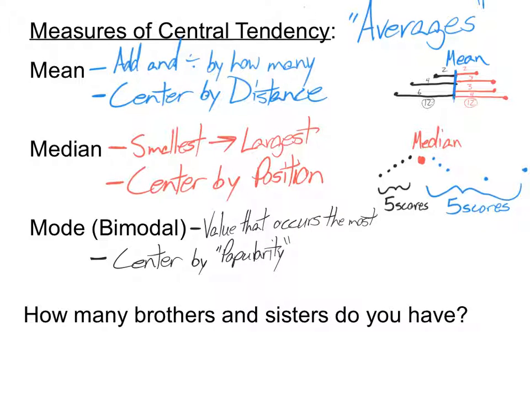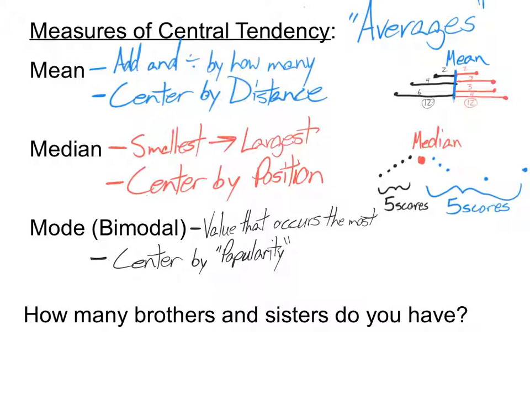The center by popularity. In other words, when something is popular, everyone wants to be like them. So this is the one that more of the scores are like. Now this is not an official math definition, but it's something I think can help us understand it a little better. The person who's popular, other people try to be like them. So we've got the one score that the most other things are the same as. That's going to be our mode.